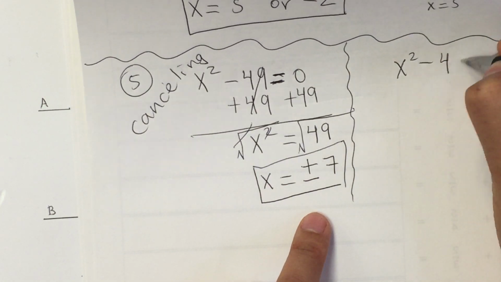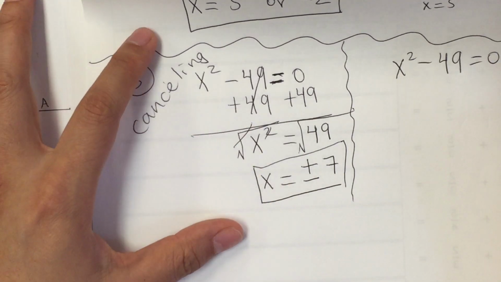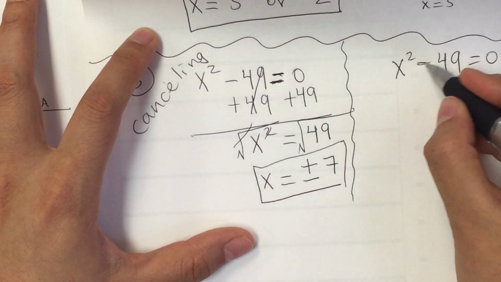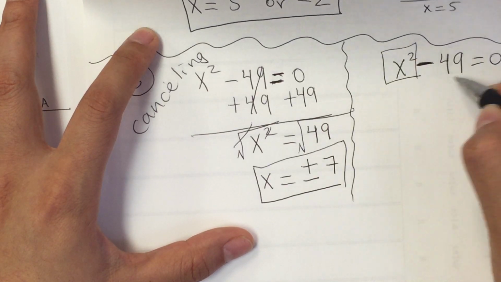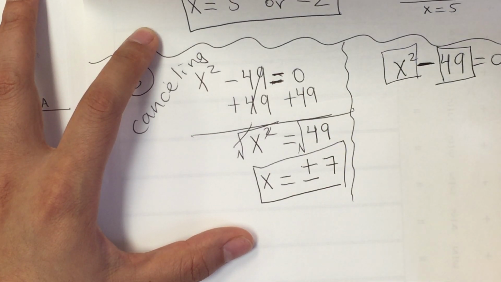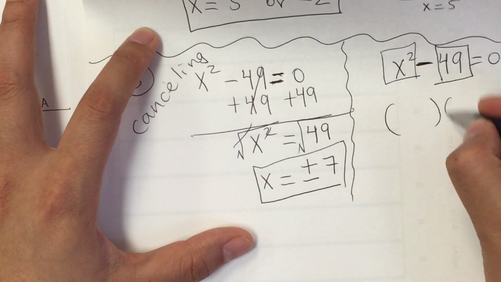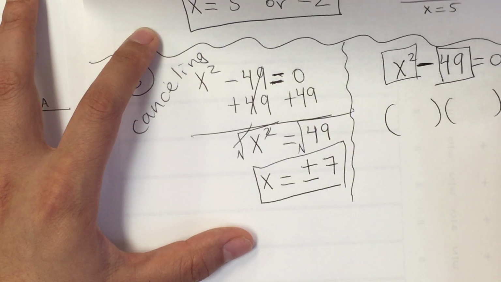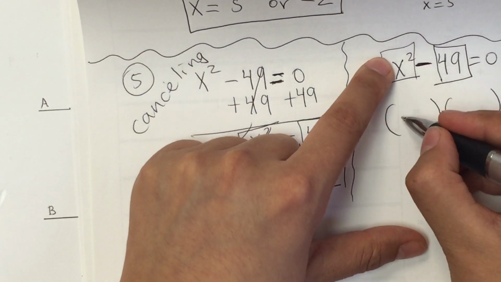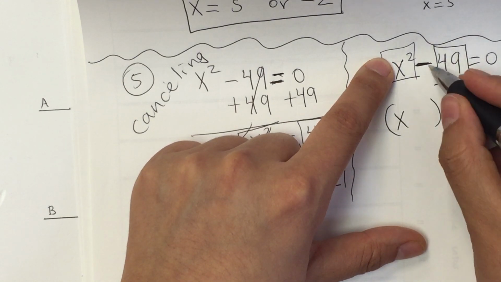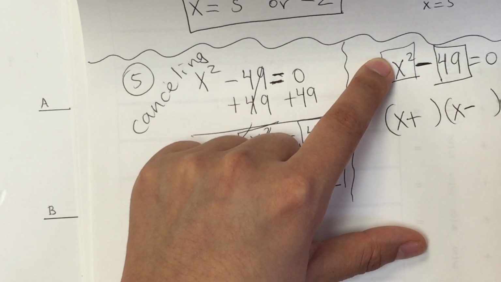By factoring, we know that when we have the difference of two squares, then I just open my parentheses, I put the square root of the first one here and here. I always have one positive and one negative.